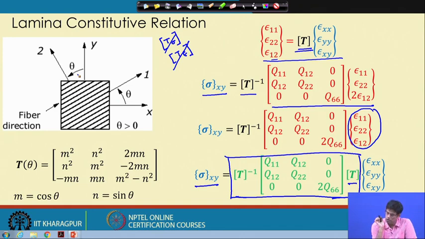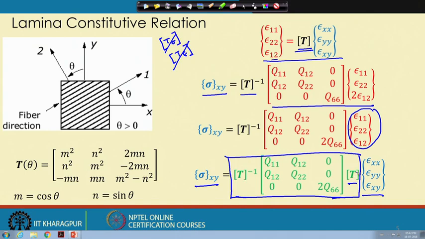Now, if we multiply, we know the components of T inverse, which is essentially T of minus theta, so the sign will be flipped. We can evaluate T inverse, and T we also know, and Q11, Q12, Q22 and Q66 we know.